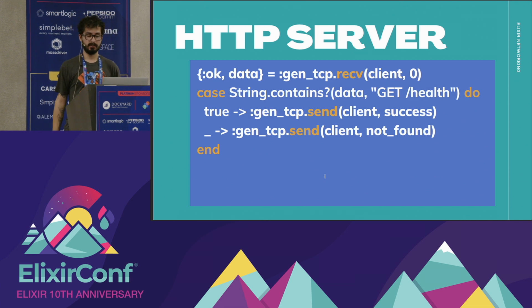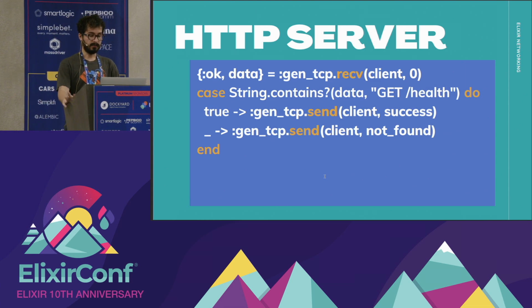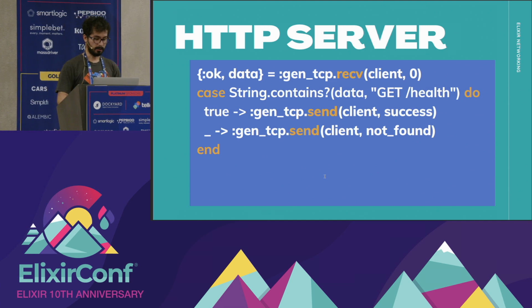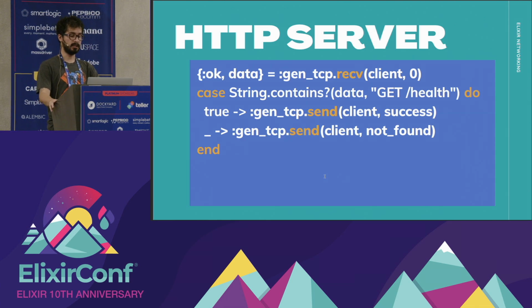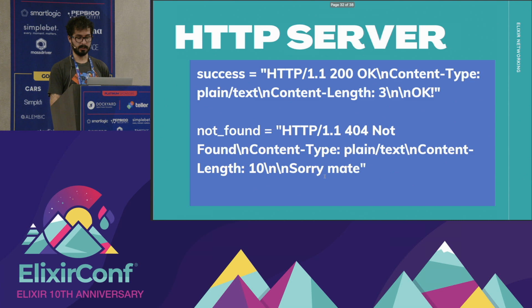But in this case, I'm just using string contains to get the data from this endpoint and validate whether it's health or not. So if it's a health check endpoint, then it will return true, and I will send a success message that we're seeing here. I'm responding HTTP 1.1 200 OK, the content type and the content length, and just a simple OK so people can understand that something went well there.